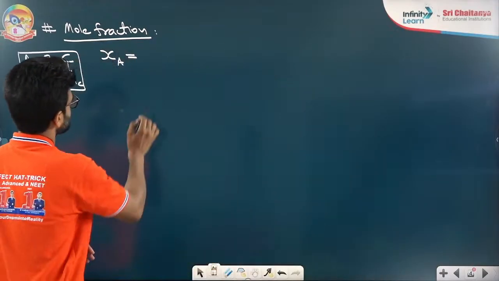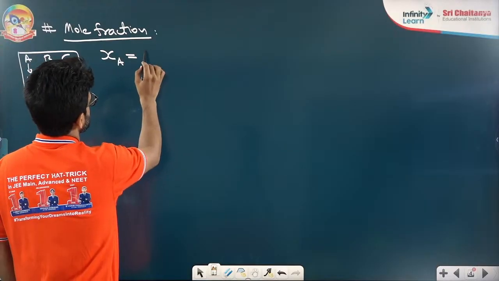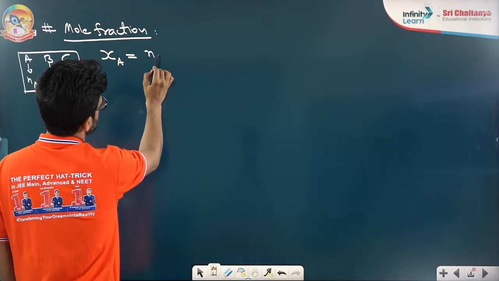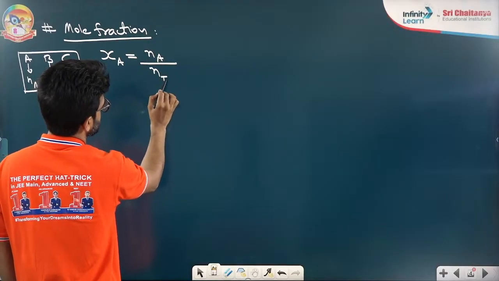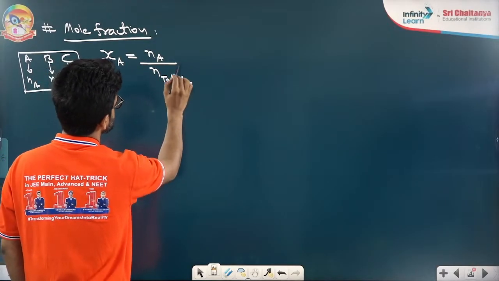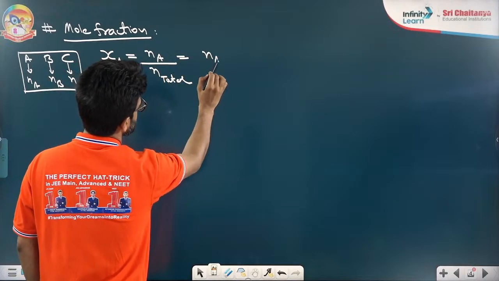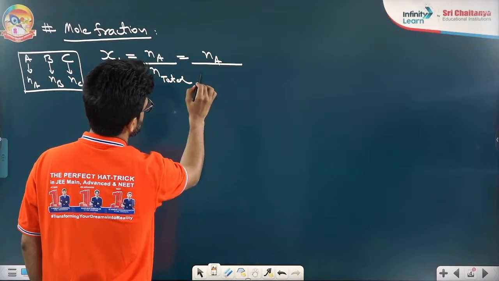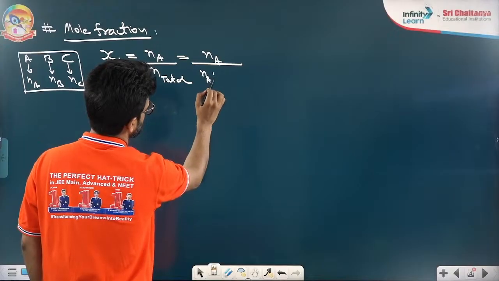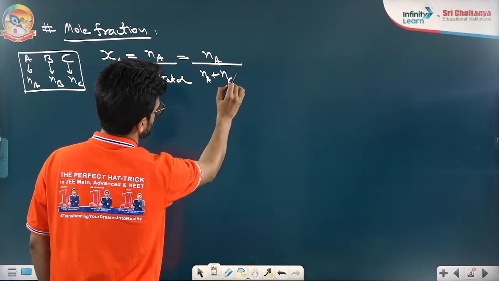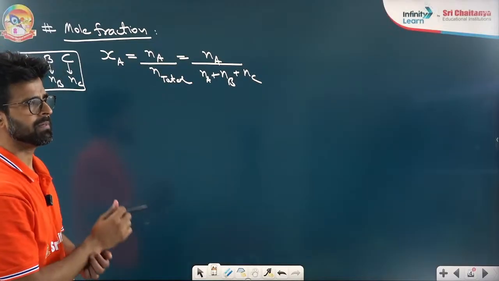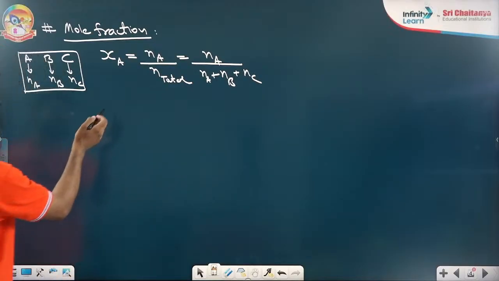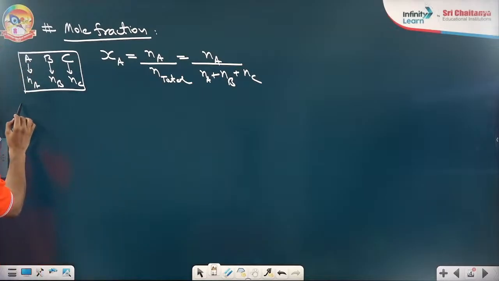Mole fraction of A means moles of A divided by total moles. Total moles, you can see, I will say Na, moles of A, divided by total: Na plus Nb plus Nc. Very easy term here. Similarly, if you're asking, sir, what is the mole fraction of B?